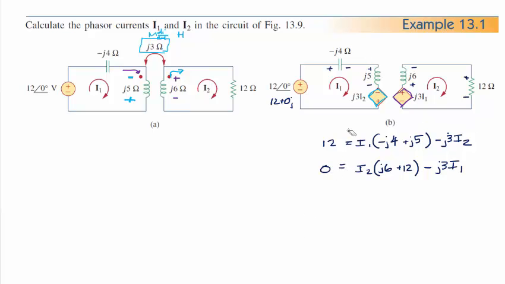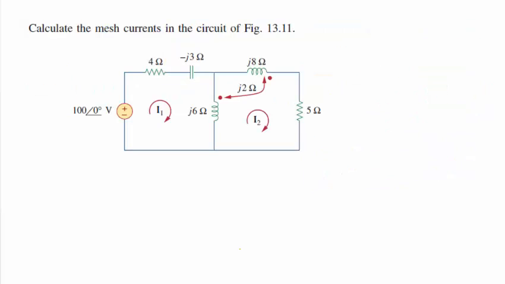So now I have two equations and two unknowns, and I can solve for the currents I1, I2, keeping in mind that these are all complex numbers in phasor notation, and I may have to convert back to a trigonometric form in the end with magnitude and phase. But that's how you would go about solving that problem.